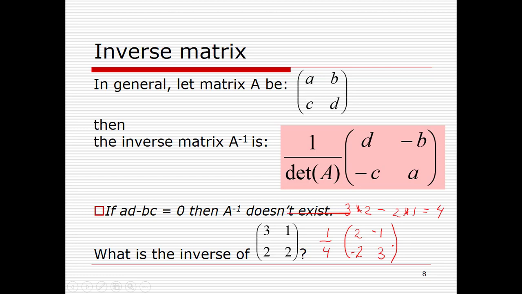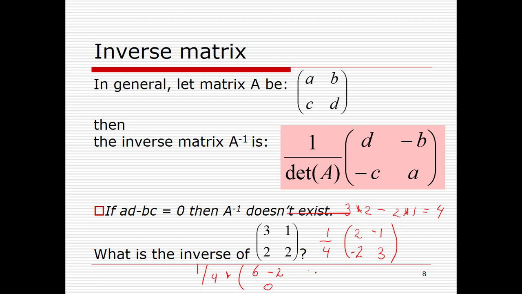So apparently this matrix is the inverse of that one. Let's try to check this. If we multiply those two matrices, we have 1 divided by 4 times, okay, 3 times 2 is 6, plus 1 times minus 2 is minus 2. On this position, we have 2 times 2 plus 2 times minus 2, so that gives 0.